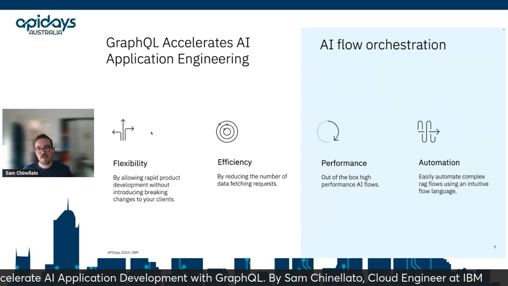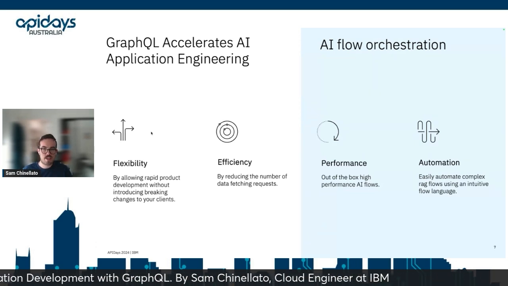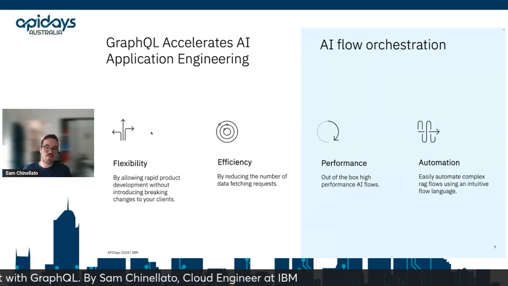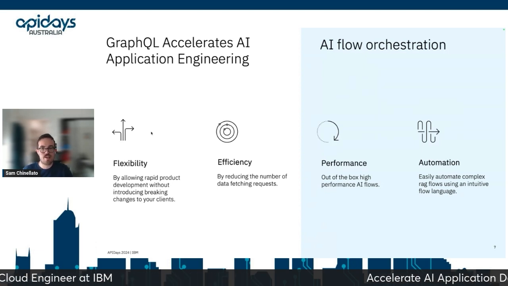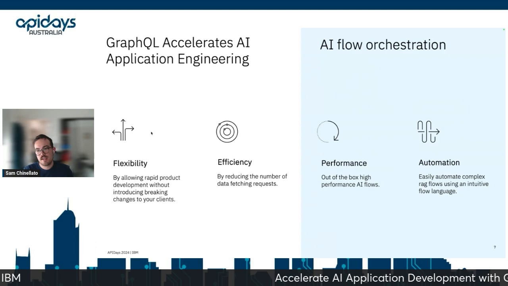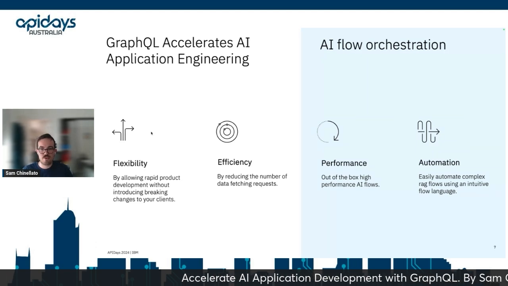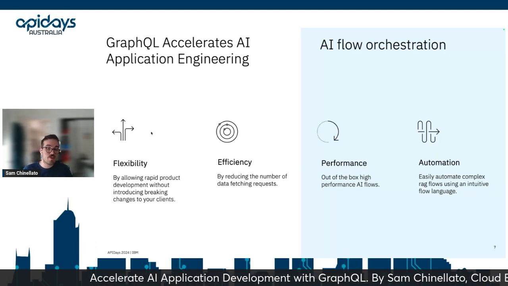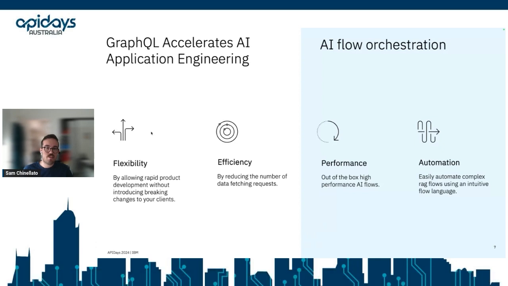And not only this, but abstracts this performant tooling in an automation layer to really allow you to manage the complex environment that a RAG flow requires in an easy and intuitive language, really reducing the complexity burden on your development team. If you meet all of these requirements, you will be able to iterate a lot faster, and you'll be able to ensure that your AI application remains useful.